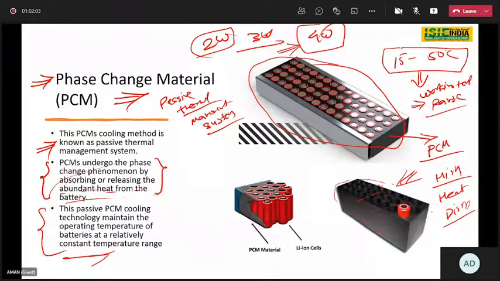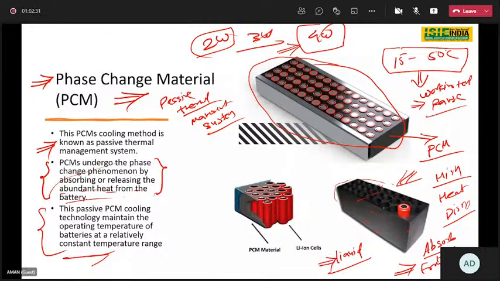So what exactly happens? This material absorbs the heat from the cell. This PCM material will absorb the heat and change its phase, so it will become liquid. This is basically a type of wax.